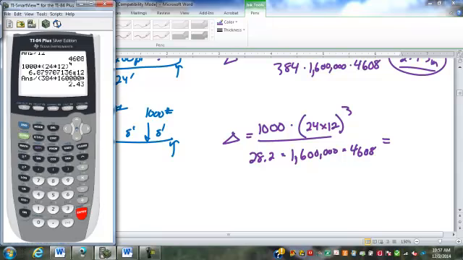So let's do that. 1,000 times 24 times 12 to the third, divided by 28.2 times 1,600,000 times 4608. 0.115.